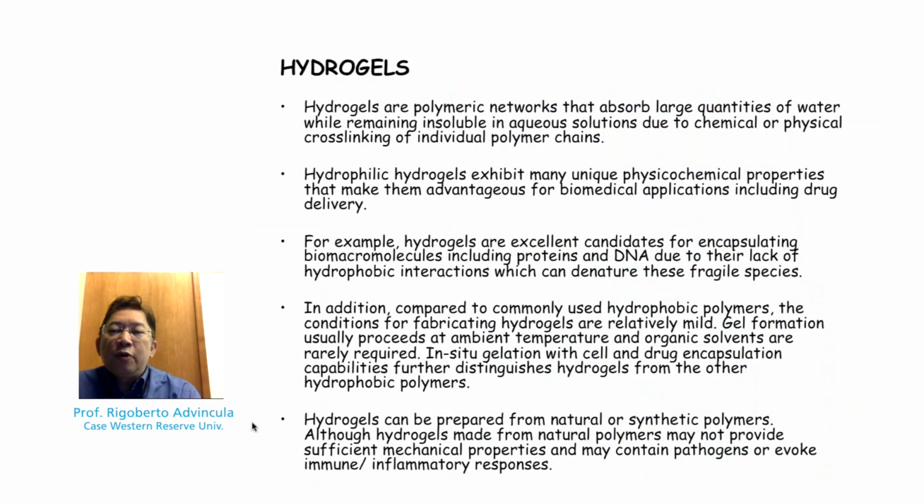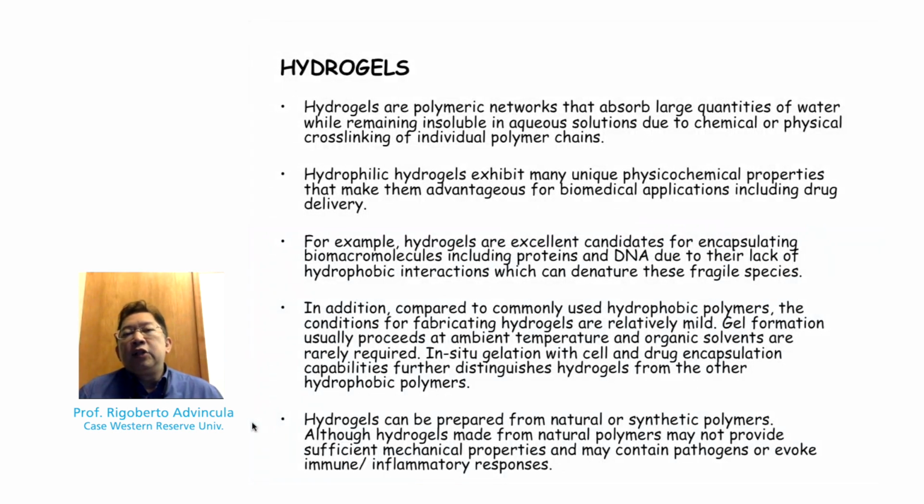Now, we cannot, of course, go forward and mention polymers in medicine without talking about hydrogels. Again, because of the broadness of our topic, we cannot give a very specific system, although a lot of people can be familiar with natural polymers, polysaccharide gels, for example, xanthan gum or guar.